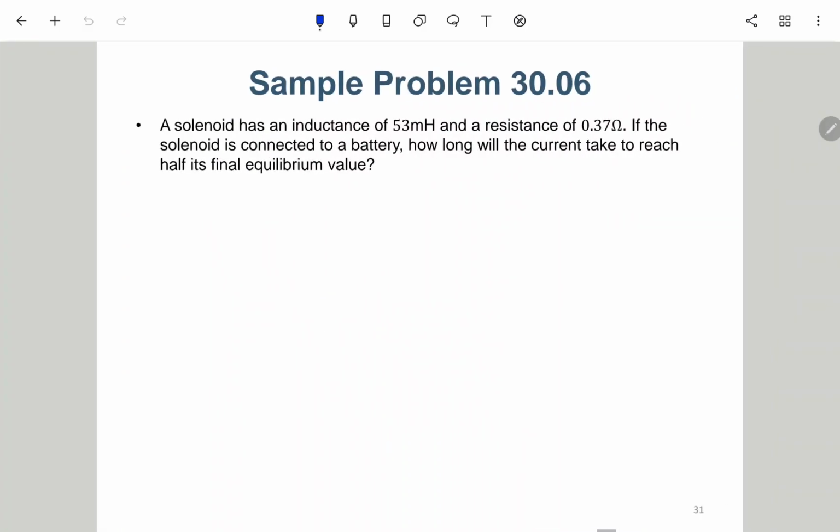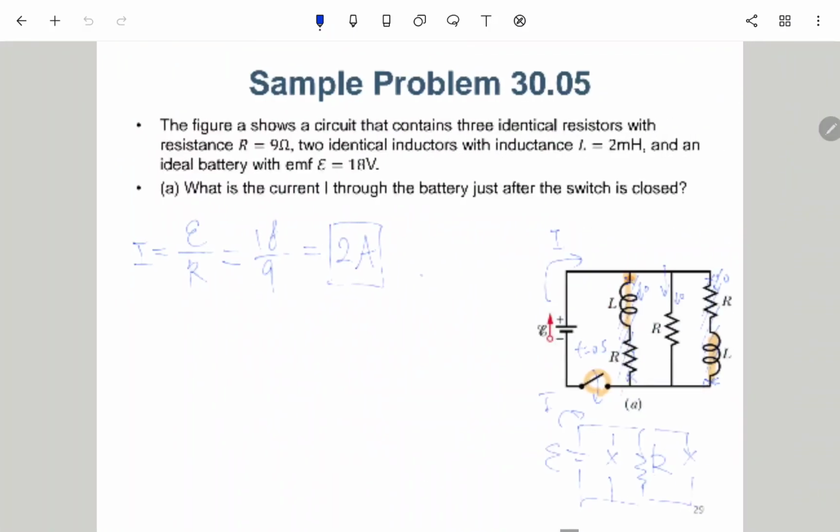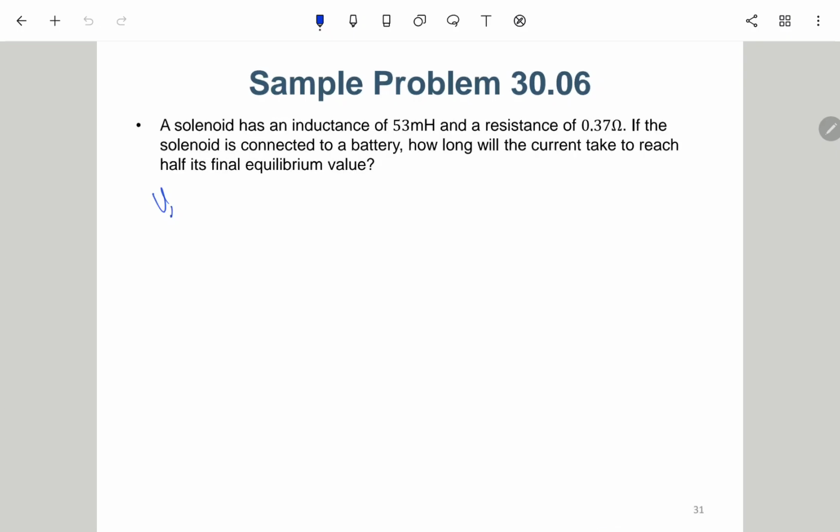So here it asks you how long it will take to reach half of its equilibrium value. So it is a little bit shorter than the time constant. Actually we know that I_L will be E over R times (1 minus e to the negative t over tau L).